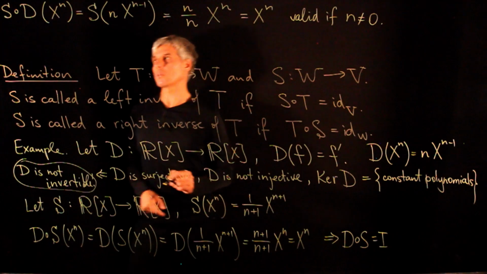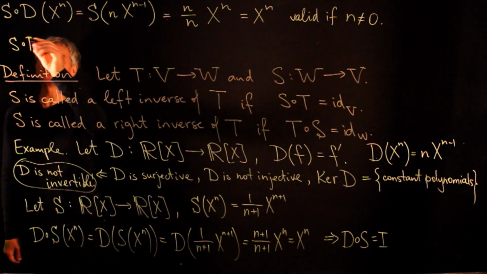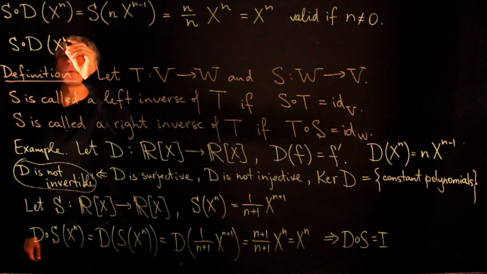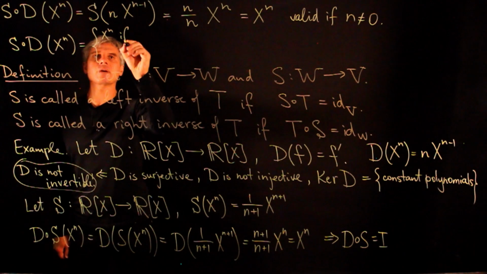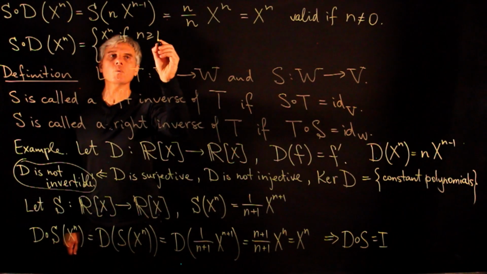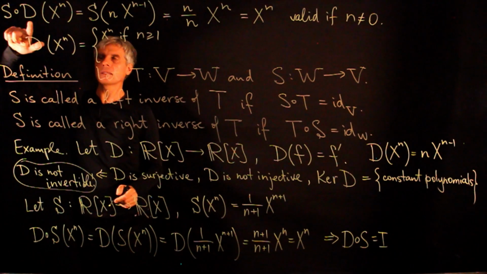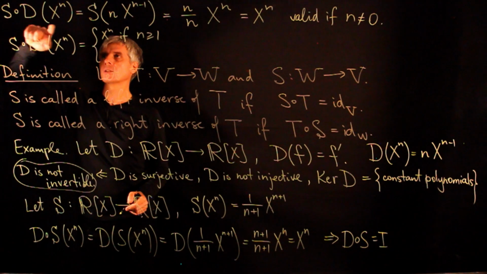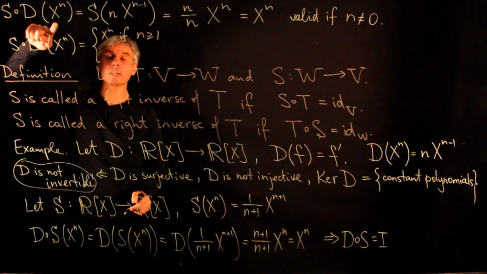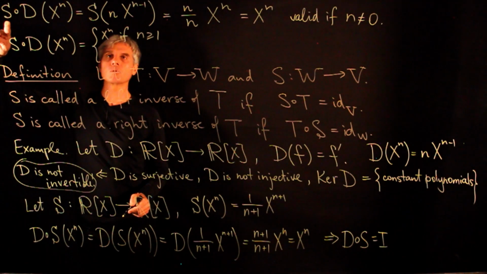And so what we should say is that S composed with D of x to the power n is equal to x to the power n if n is greater than or equal to 1. And if we have a constant polynomial, then we apply differentiation. When we apply differentiation to 1, we get the 0 polynomial. And S being a linear transformation, it transforms 0 into 0.